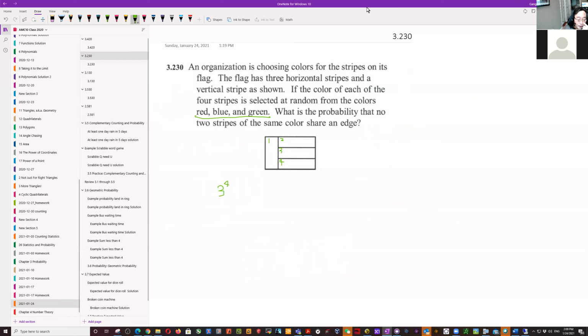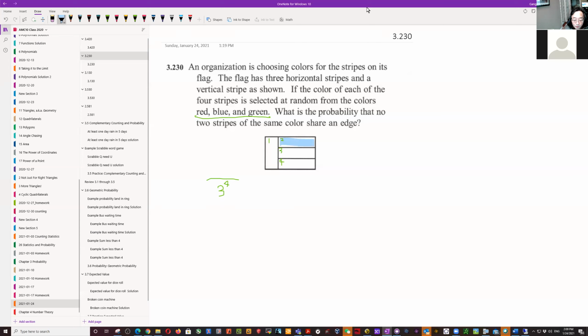Then after you get those choices, that's the sample space. The denominator is this many choices. Then we will try to see the ways to choose 3 colors such that none of those colors share the same edge. The only possible way, for example, let me just color it.